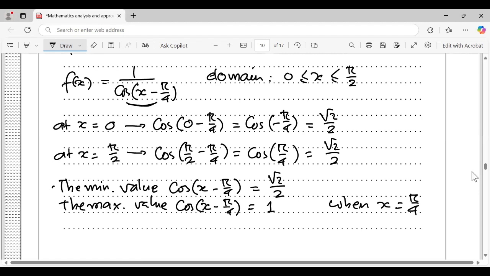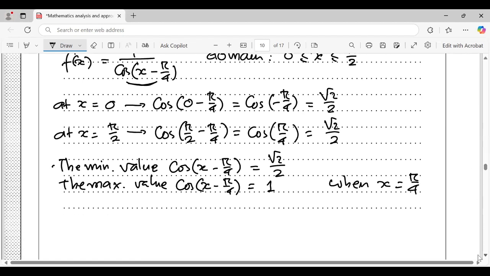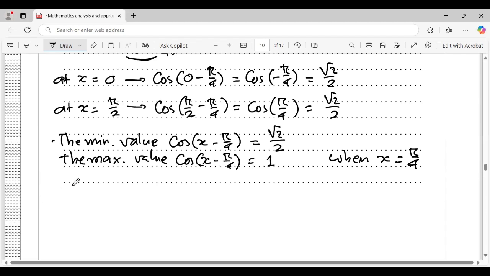Since the secant function is the reciprocal of cosine, we can determine the range of f(x) through this.